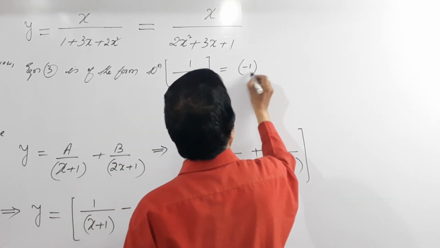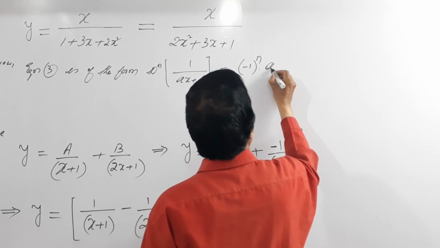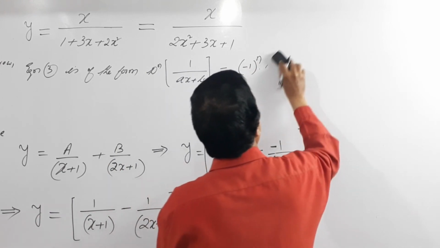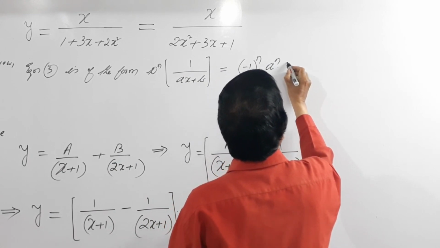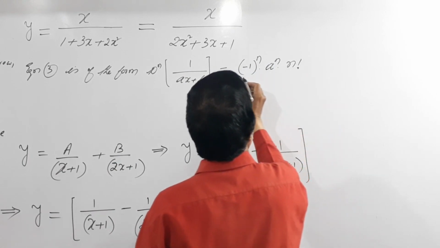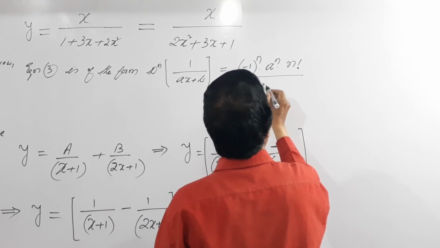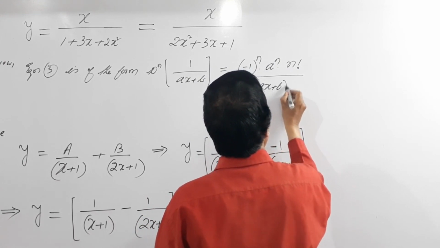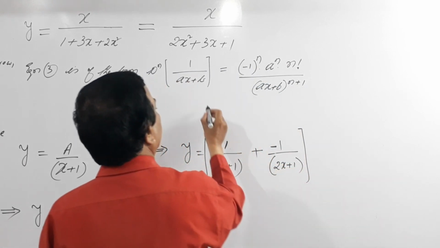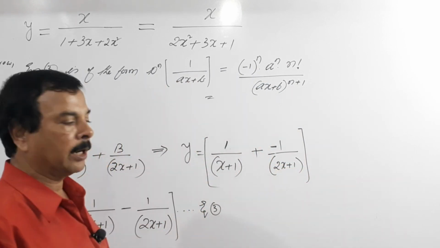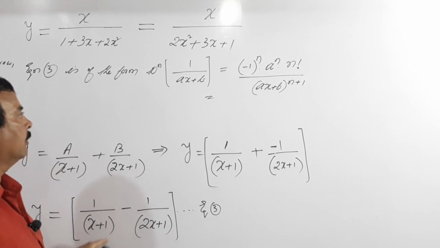Minus 1 to the power of n into a to the power of n into n factorial divided by ax plus b to the power of n plus 1. This is the formula for this type. So now this is of this type only.